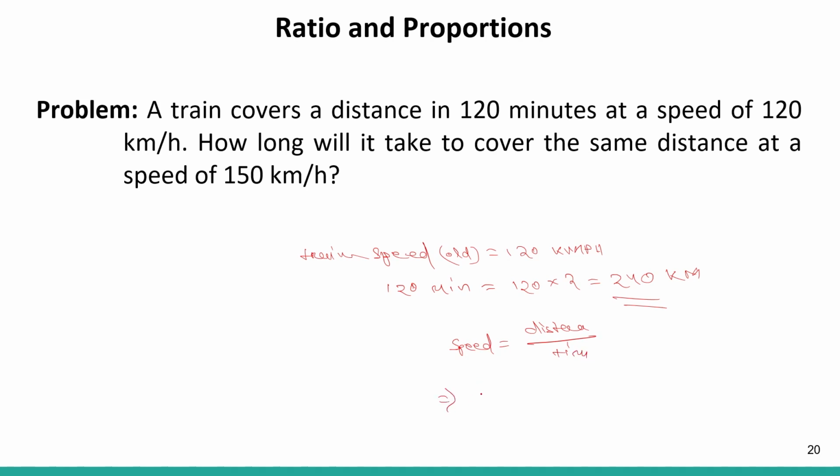This implies that speed is given to us as 150 km per hour and distance is 240 kilometers, and we need to evaluate t. So t is equal to 240 by 150. The zero cancels out, and this becomes 24 by 15, so 8 by 5 hour.